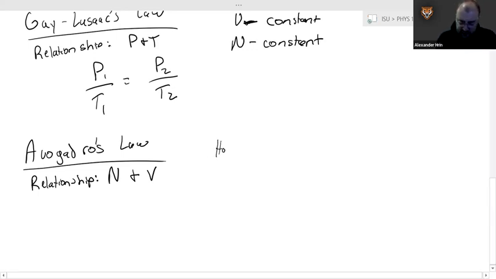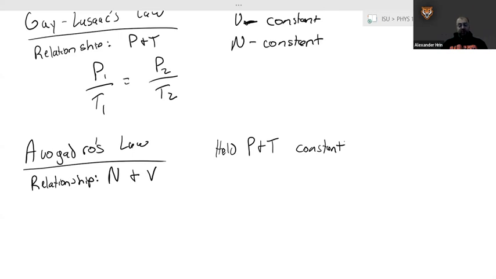To do this, he held P and T constant. With the pressure, you just want a cylinder that was free to change its shape, but constrained by the atmospheric pressure. And temperature, you hold constant just by keeping it in a heat bath.